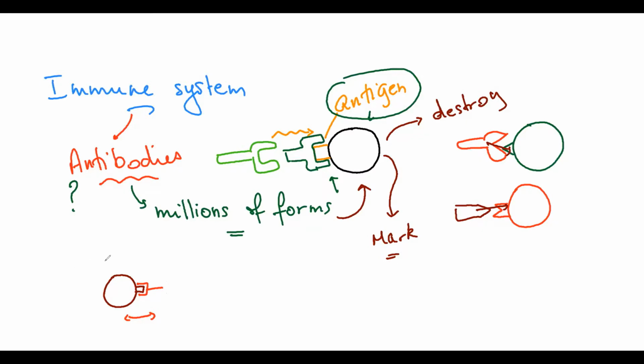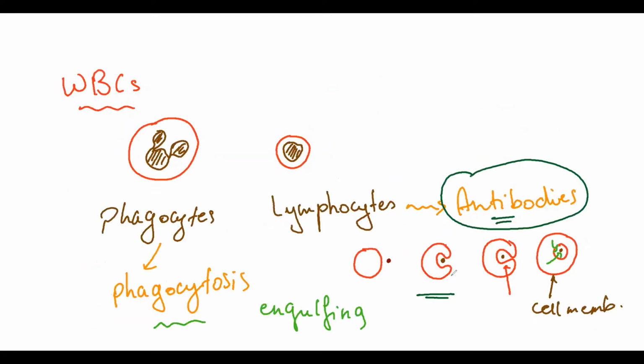So the white blood cell is going to come and phagocytose the whole antigen or the whole pathogen together with its antibody. That means they are going to be taken inside the cell by phagocytosis that I just explained here, and the pathogen is going to be destroyed. Here I mentioned only a pathogen or a foreign body.